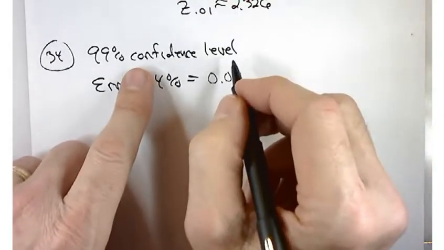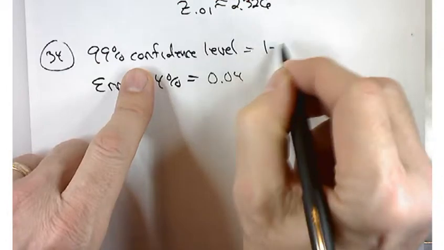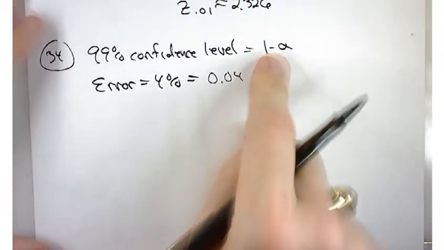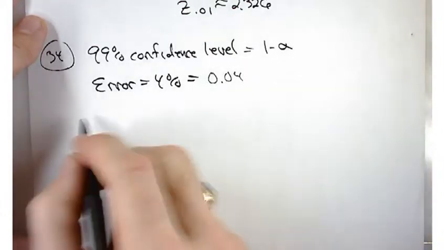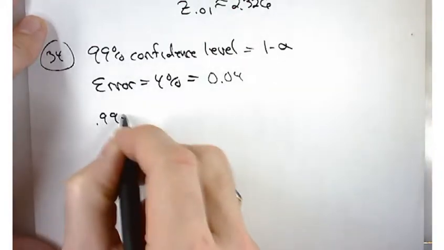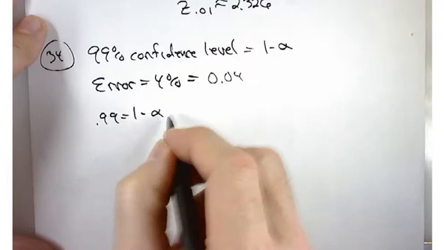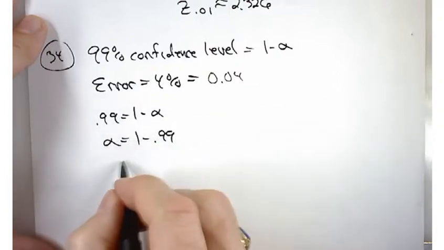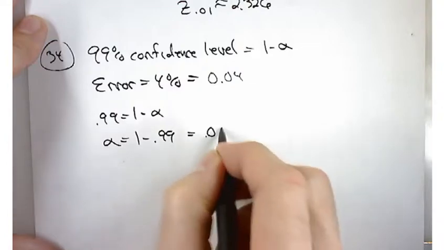Now our confidence level is 1 minus alpha. So if I wanted to figure out what alpha is, then I could solve here. 0.99 equals 1 minus alpha, or alpha is 1 minus 0.99, which gives me, of course, 0.01.